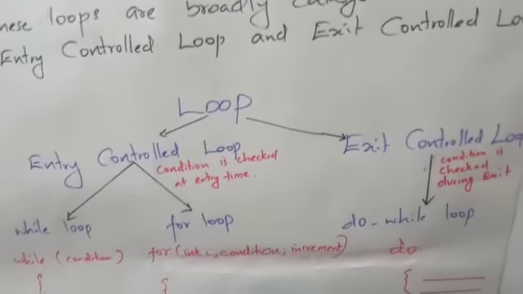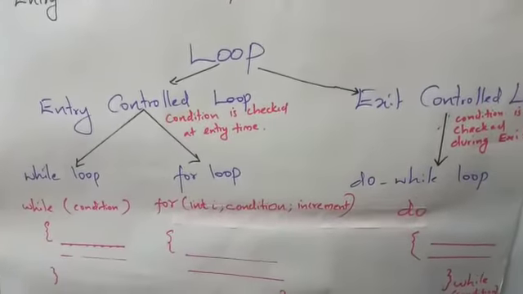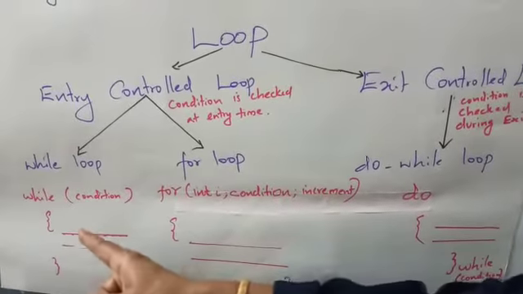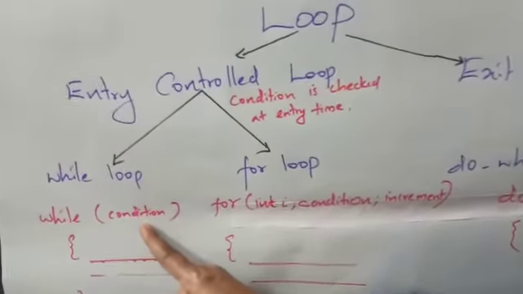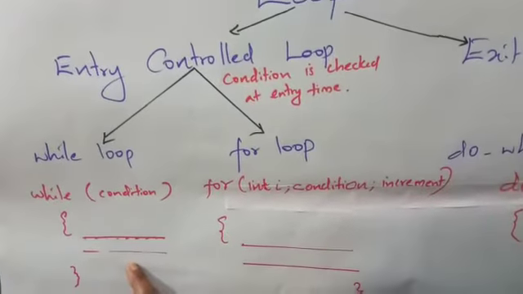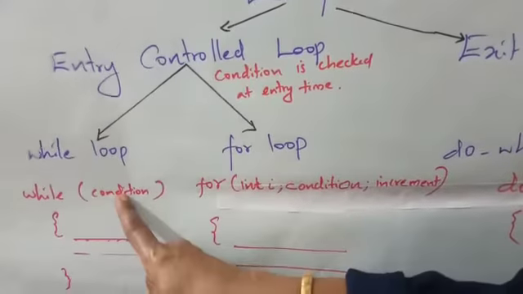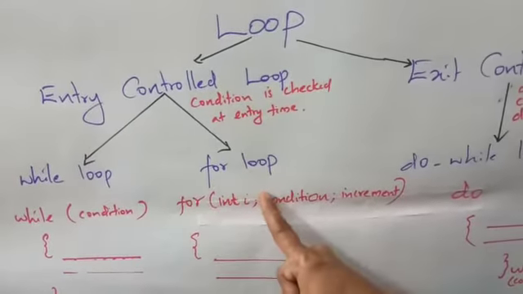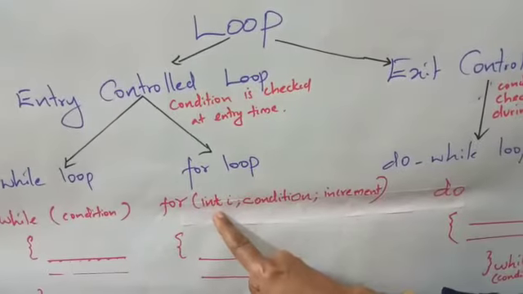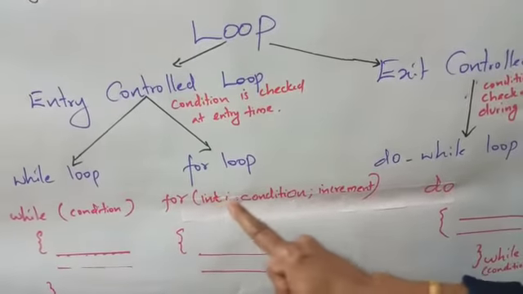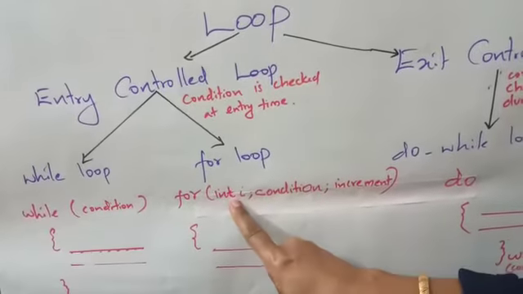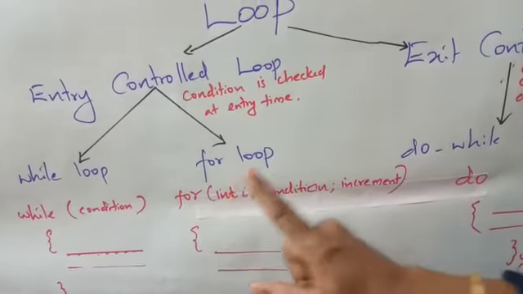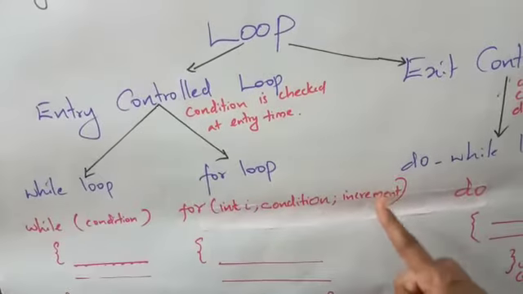Now first we study the syntax of the loops. The syntax of the while loop: first you write while, then you give the condition, and after that you write the statement. In the for loop, first you write for, then int i, the condition, then the increment. That means initialization is there, condition is there and updation is there.